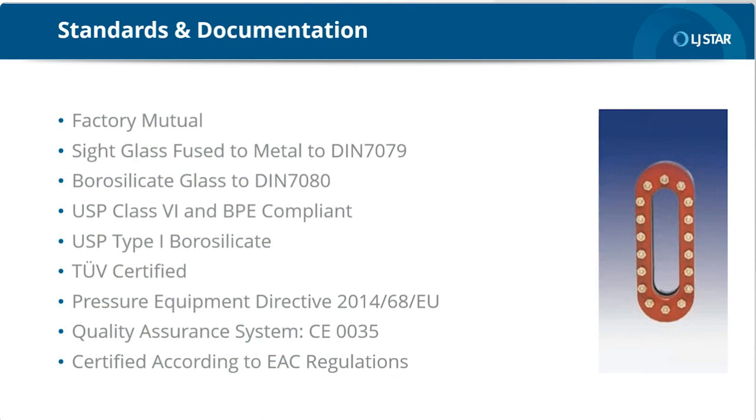For example, including Factory Mutual, sight glass fused to metal to DIN 7079, borosilicate glass to DIN 7080, USP Class 6 and BPE compliant, USP Type 1, borosilicate, TÜV certified, PED certified, Quality Assurance System CE 0035, certified according to EAC regulation.